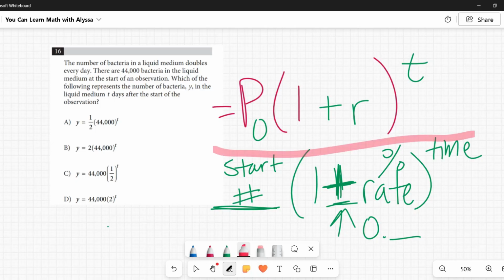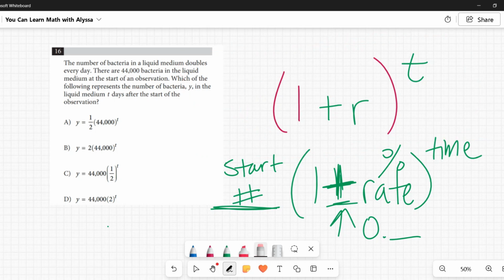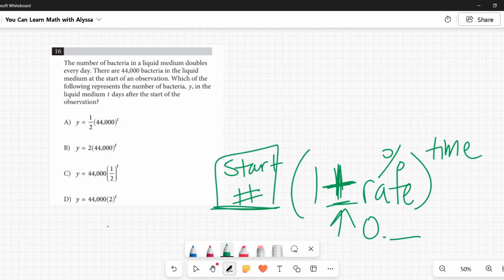I've never seen where they question that it's P sub 0 times 1 plus R to the power of T. It's more that you know how to apply it, what goes in each position. So the starting number, here we are told it starts with 44,000 bacteria, 44,000 at the start.